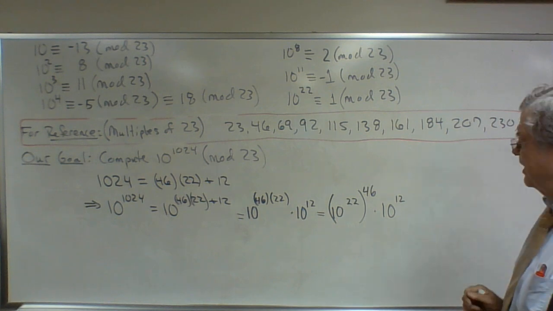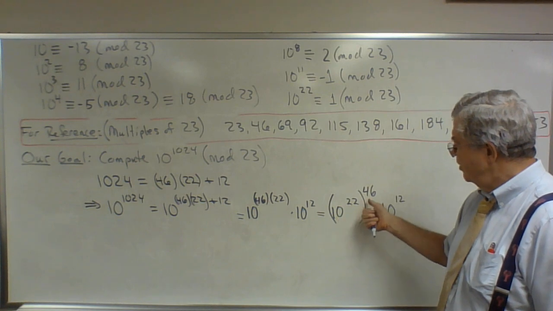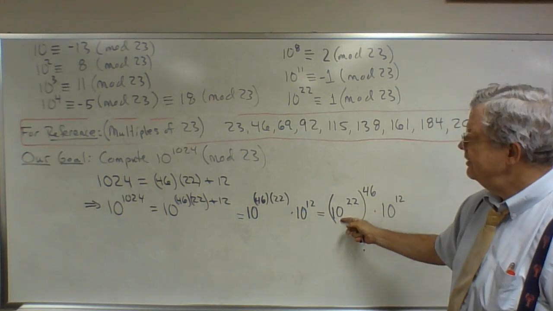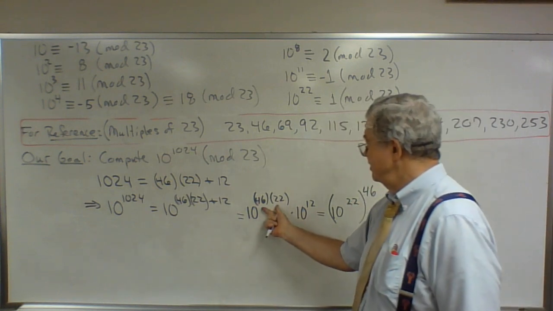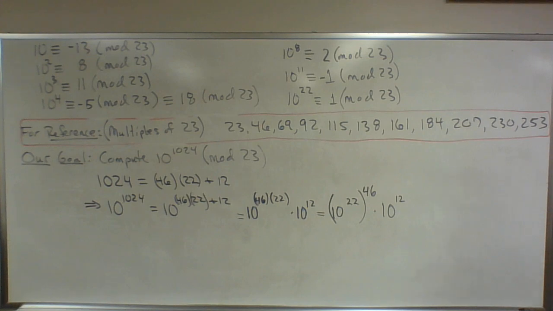Let's see, is this right? We have 10 raised to a power, the whole thing raised to a power. So that's 10 raised to the product of those 2 powers. That's right.